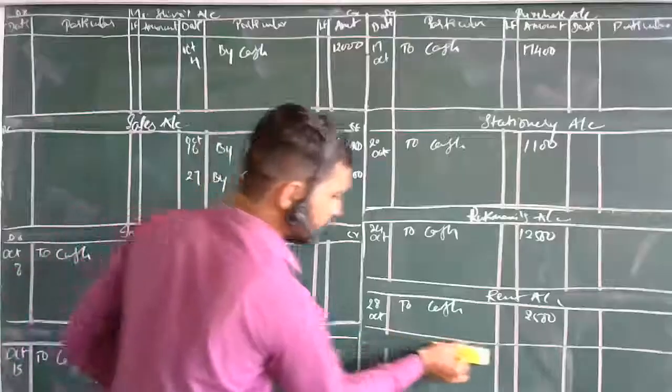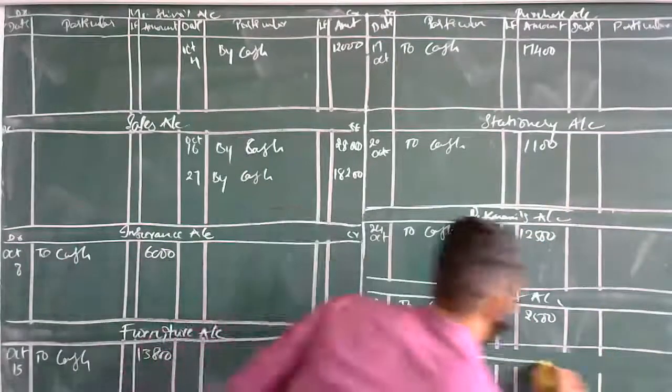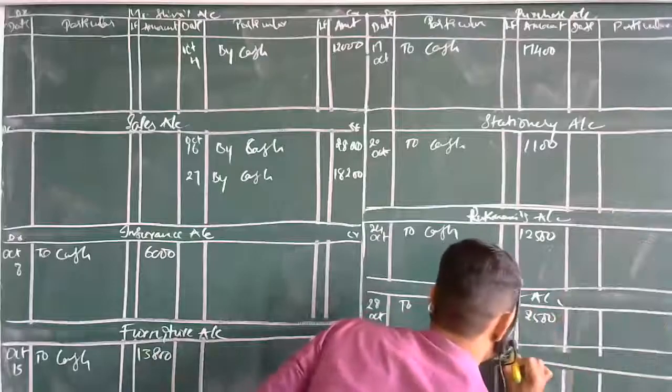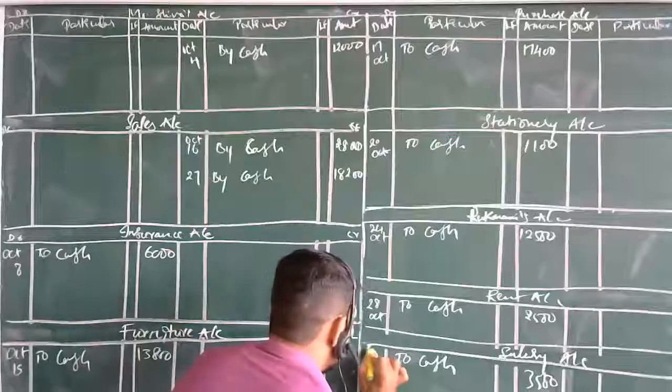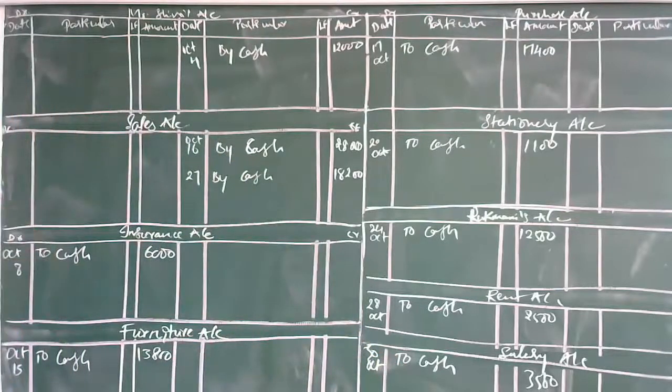What is the last entry? Salary account, to cash. What is the amount over here? 3,500. Then last date, 30th October. These are the accounts.